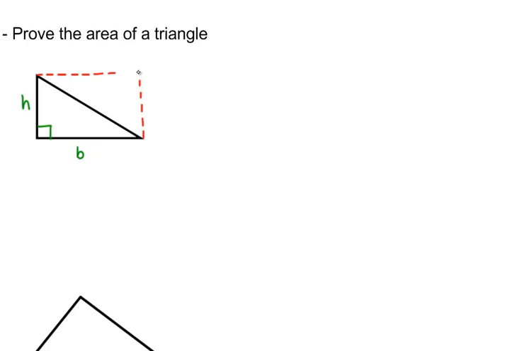So what we're going to do is continue this rectangle. And the students know how to find the area of a rectangle. So the area of the rectangle is equal to length times width, or in other words, base times height.